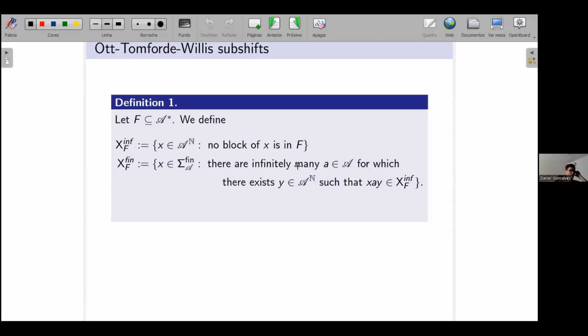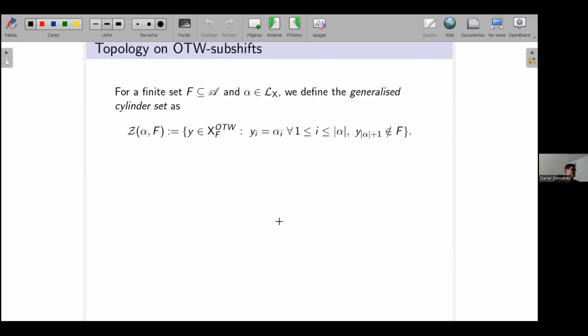You add it if you have infinitely many ways to extend it to an infinite sequence in the shift. Then you include this finite sequence. And the associated subshift is the union of the infinite sequences and the finite ones.